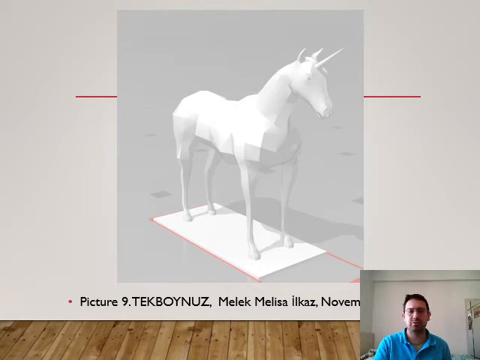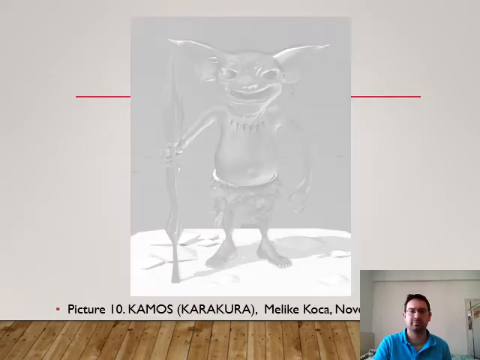And Tek Boynuz is also known as unicorn, and it's also in the oral and written texts of Turkish mythology, and it's designed by Melek Melisa İlkaz and named Tek Boynuz in Turkish mythology, named unicorn in Greek mythology.